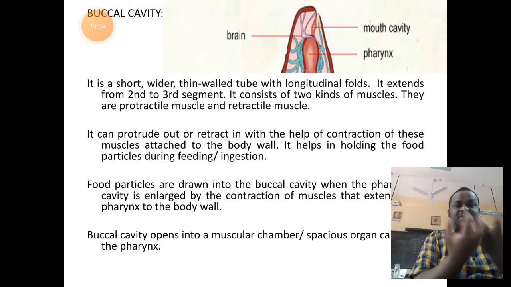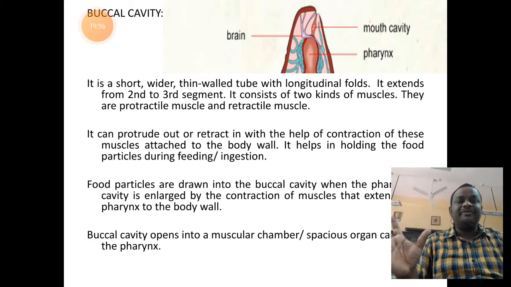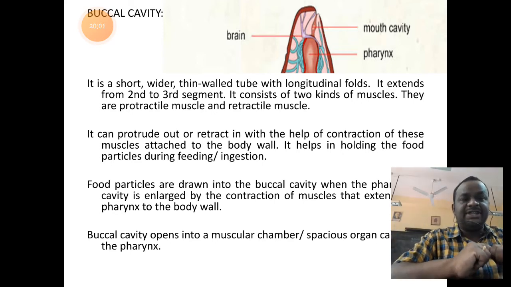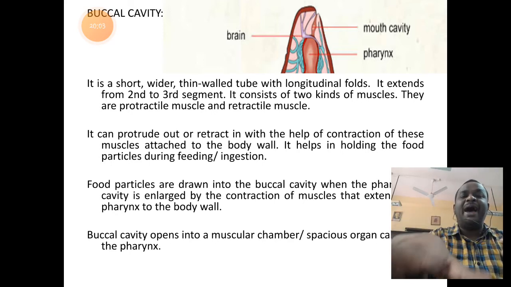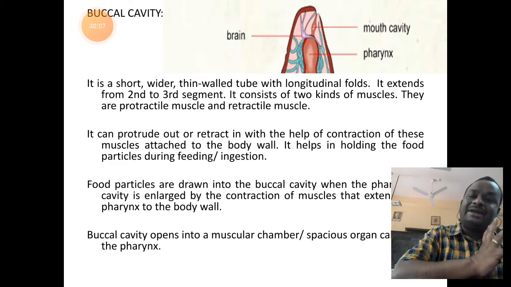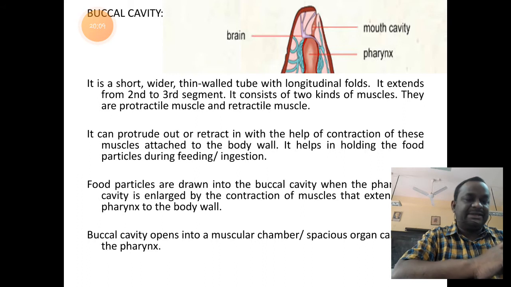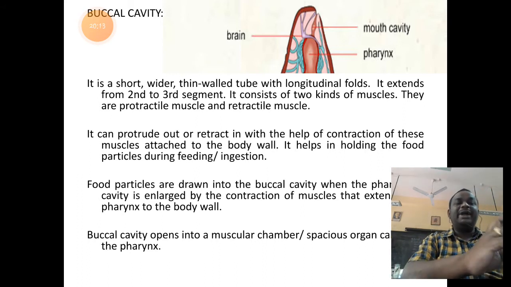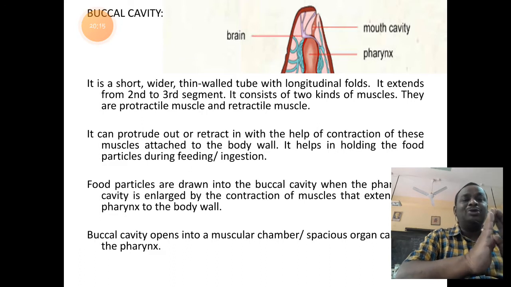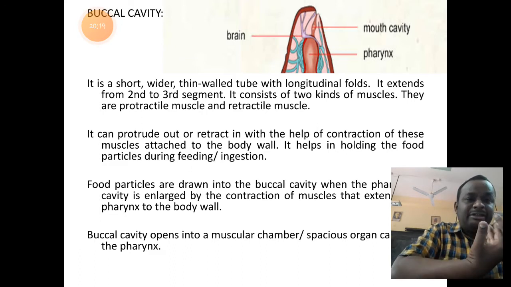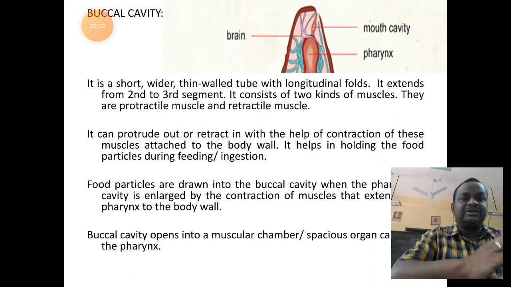So, there should be contraction and expansion, an elastic nature, for this part of the buccal cavity. This is provided by two types of muscles called protractile muscles and retractile muscles. Students, remember, two types of muscles are present on the wall of the mouth cavity, which are responsible for making the folds and unfolding during the process of feeding.